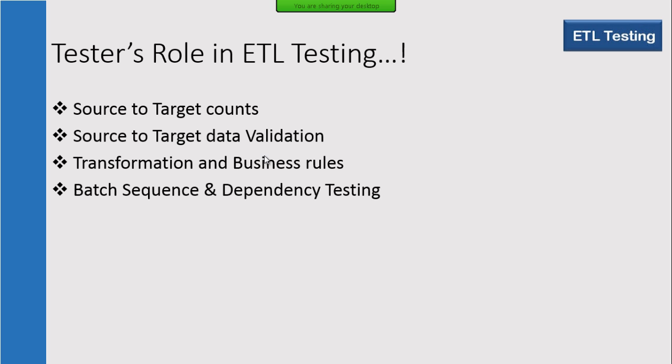With dependency testing, you cannot load a table that has a foreign key before the table that has the primary key. Always your parent table should be loaded first, then your child table. A kind of dependency, which we do in batch sequence and dependency testing.